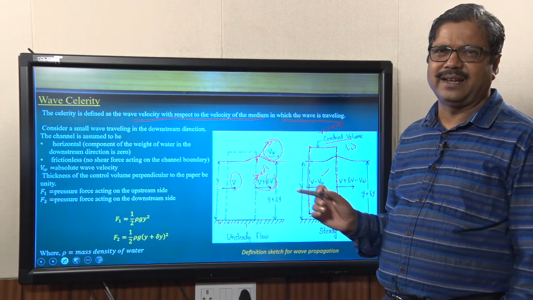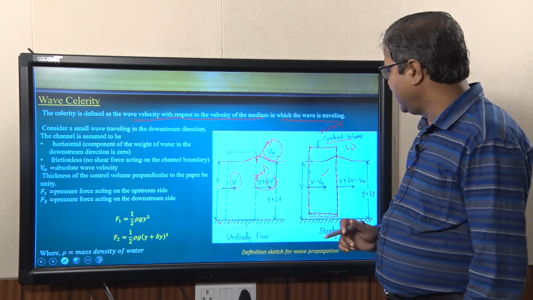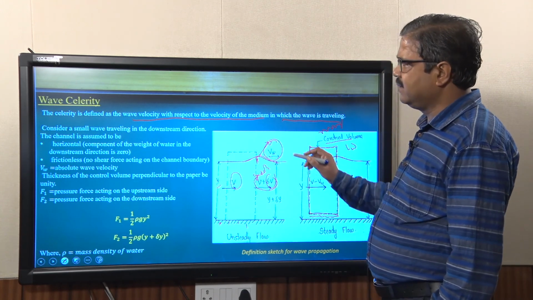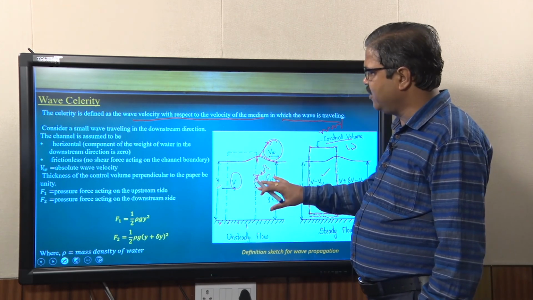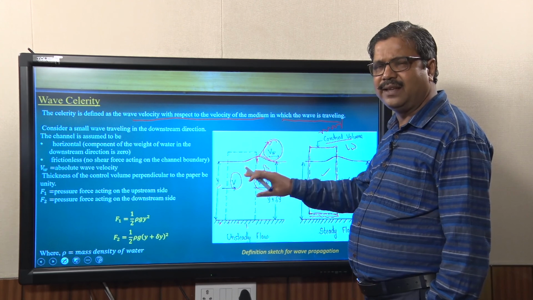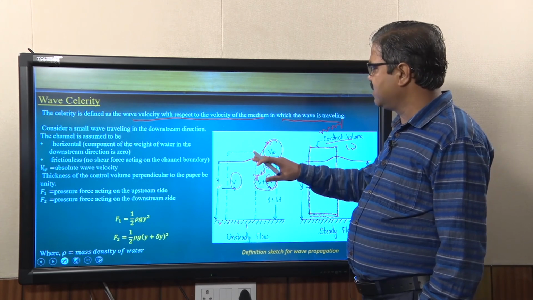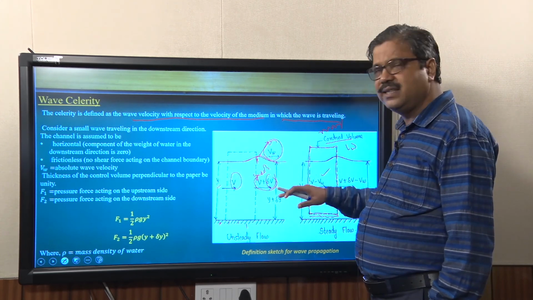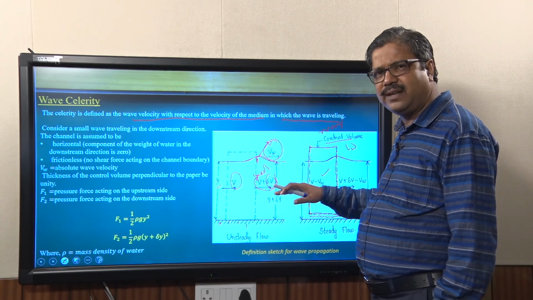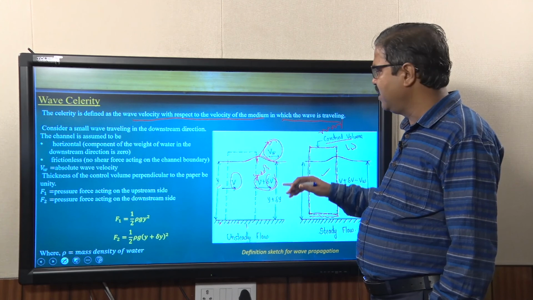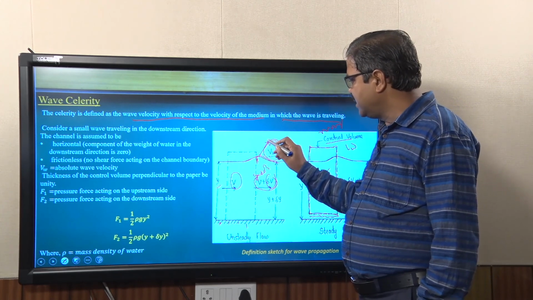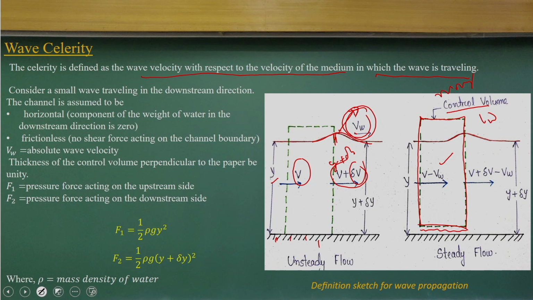That's the basic idea. Again, I want to repeat that we consider a disturbance or wave in a flow where you have a velocity v, and because of the disturbance, the flow depth changes from y to y plus delta y, v changes from v to v plus delta v, and let me consider Vw as the wave velocity moving on this.